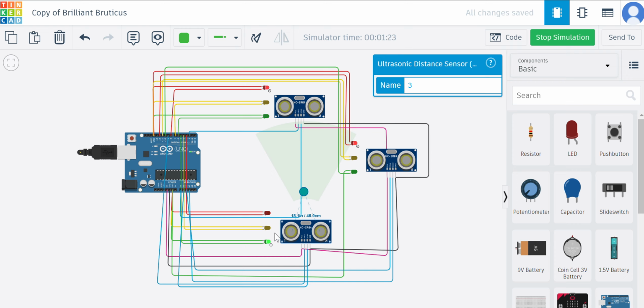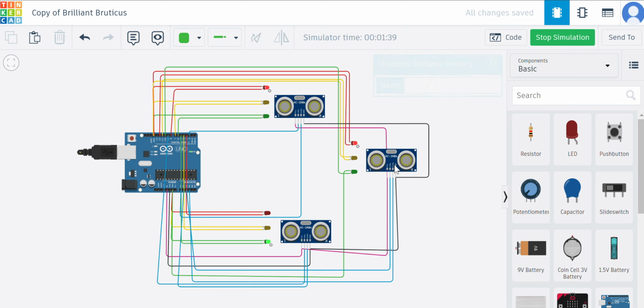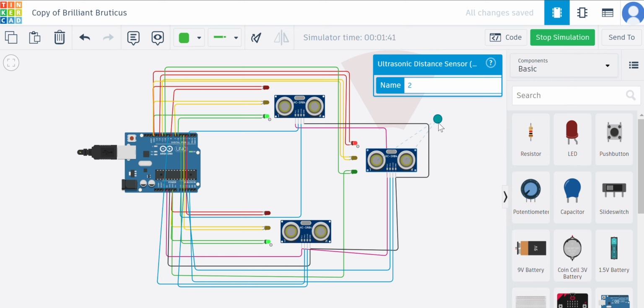See, the second traffic light, the second lane, the lane with the car, will turn green, and the others will turn red. And then the same applies to the third lane.